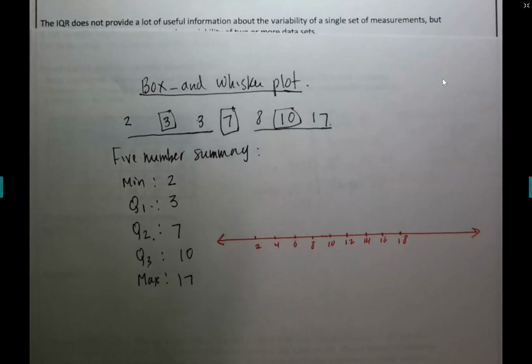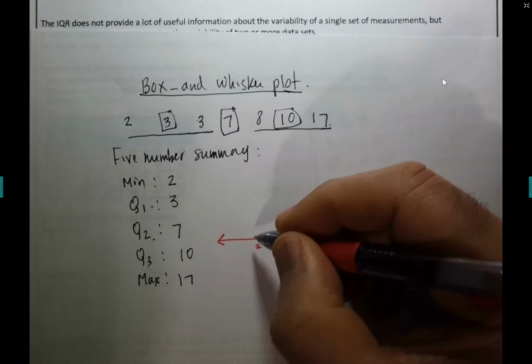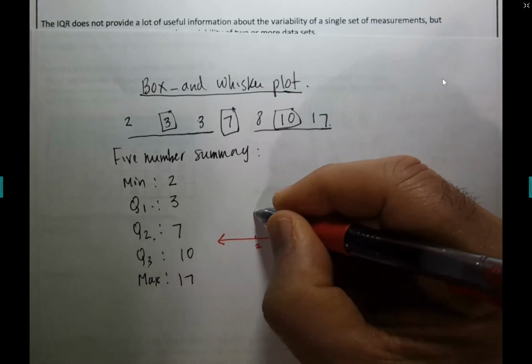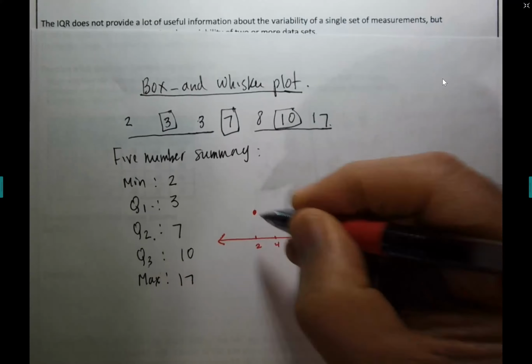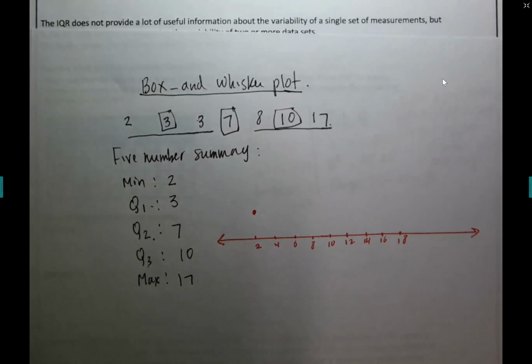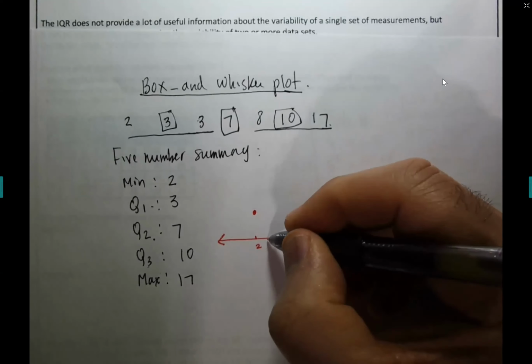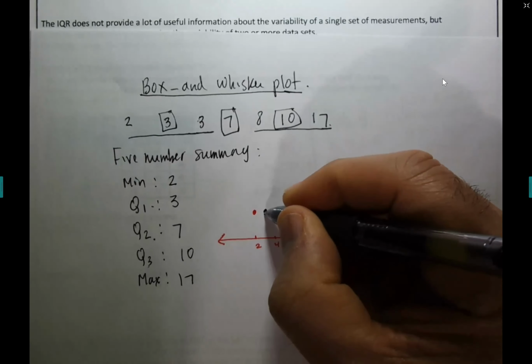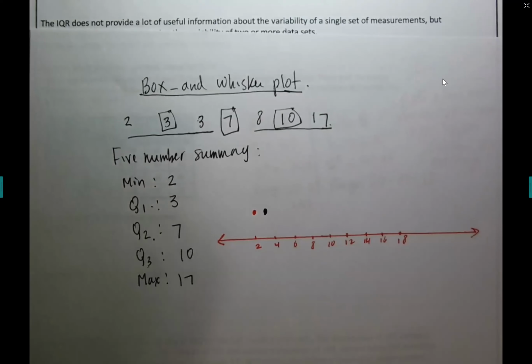And now, for the minimum, which is 2, look what you do. Just go above the 2 and put a dot representing the minimum, which is 2 right here. Q1 is 3, which is halfway between 2 and 4, guys. So just go up until here between 2 and 4 and put another dot representing Q1.